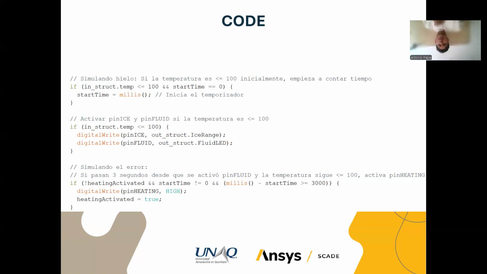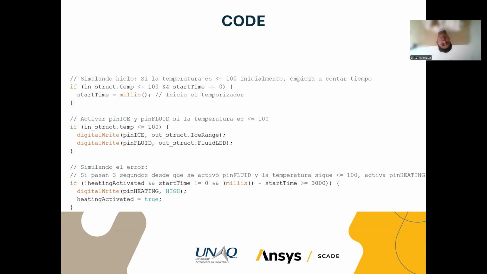the de-icing fluid distribution, if it is not enough to raise the temperature to a value above 100, then I'm going to need to apply the second system, that is the heating system.